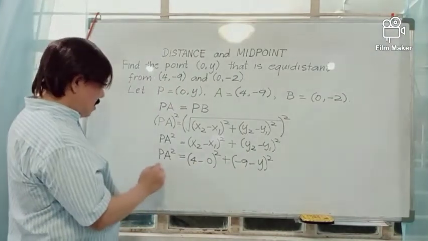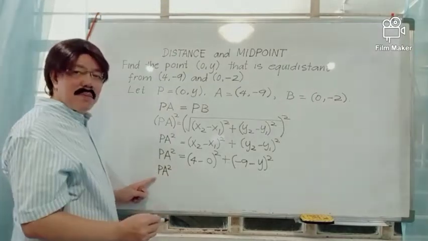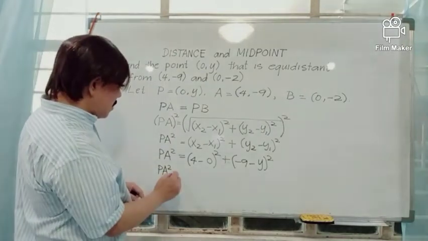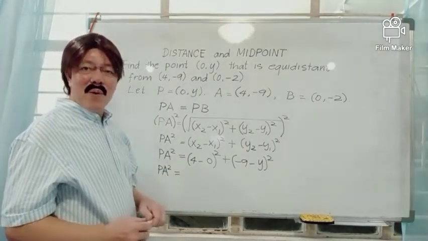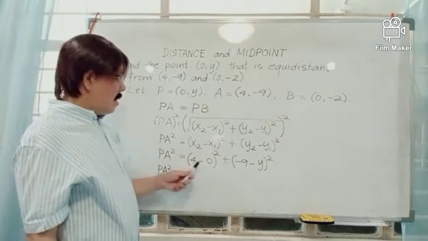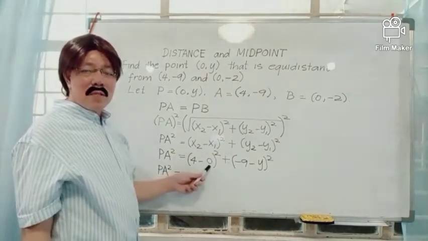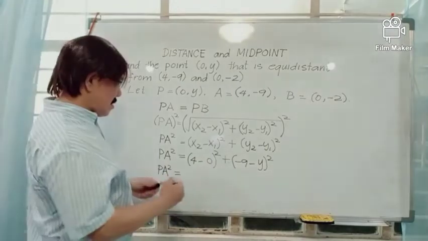And we simplify the right hand side. The square of the distance between points P and A is equal to 4 minus 0, which is 4, to the power 2. Again, 4 minus 0 is 4, raised to 2 is 16.